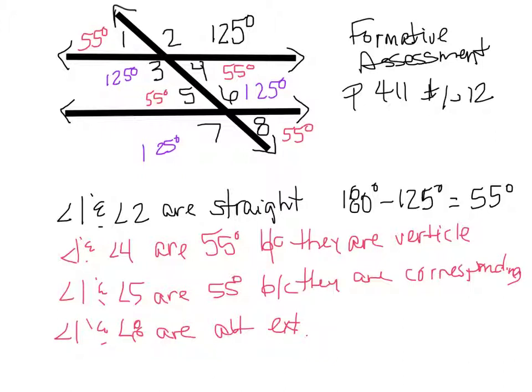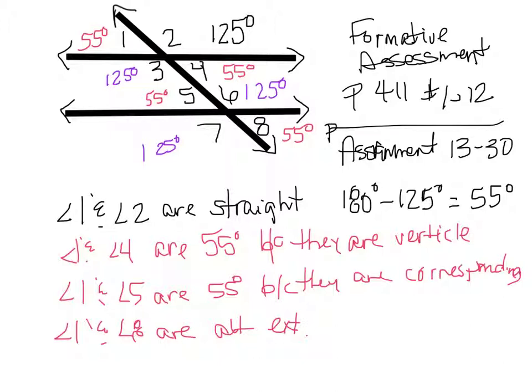You're not going to have to do very much calculating on these. And then in class tomorrow, you can go ahead and start on this if you feel confident with the formative assessment. In class tomorrow, your assignment will be numbers 13 through 30. And this comes from page 412 and 413.